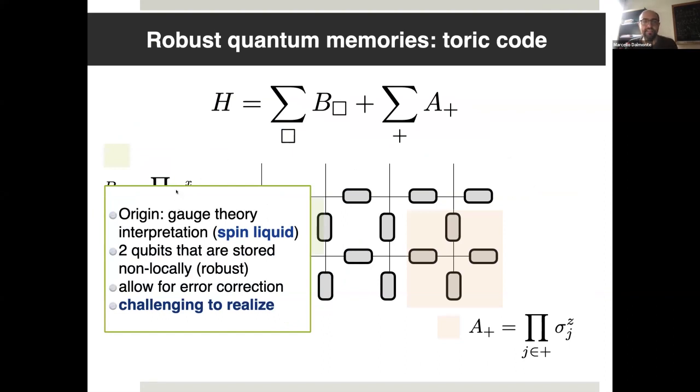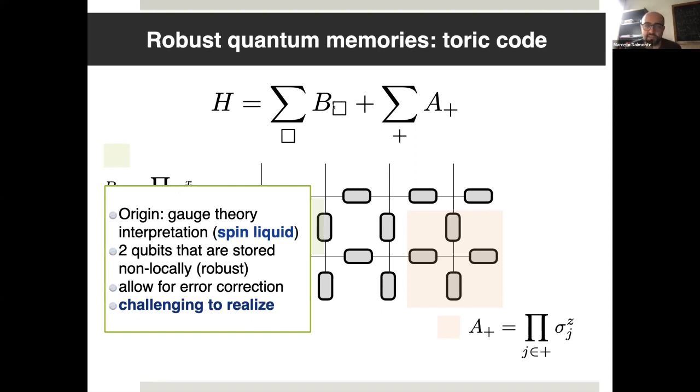Now, the key model that distills some of the fundamental ideas that have been developed towards realizing a robust quantum memory is the toric code. Apologies for the slides. The toric code is a two-dimensional spin system where we define spins 1/2 on the bonds of a square lattice, where you see these gray boxes. Then we put interactions between these spins, which are of two types.